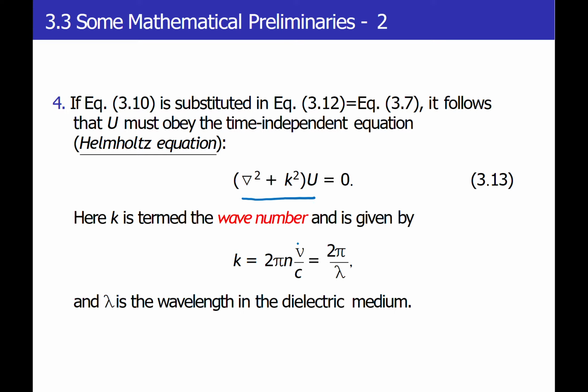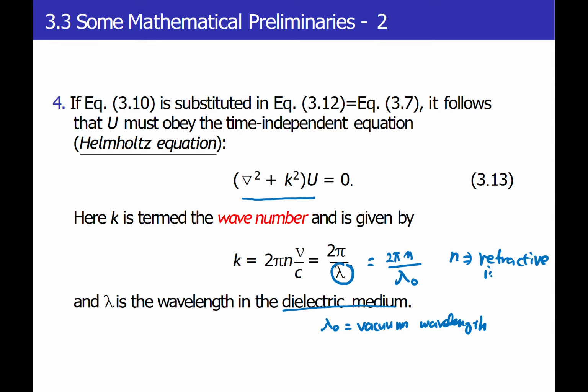The k is termed the wave number, and it is related to the wavelength in the dielectric medium. You can say that it is 2 pi n over lambda 0, where lambda 0 is the vacuum wavelength. Note that n is the refractive index of the medium.